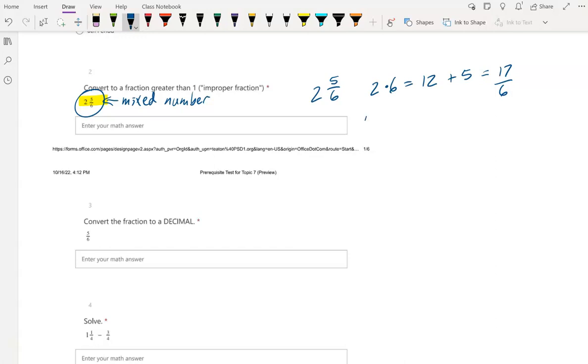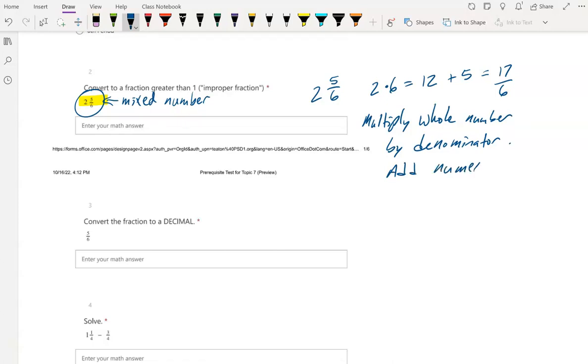So, again, remember, I'm going to write this down. You multiply the whole number by the denominator, 2 times 6, and then add the numerator. That's the number that's on top. Add the numerator.